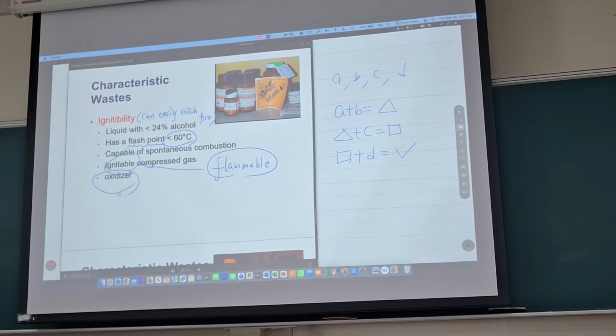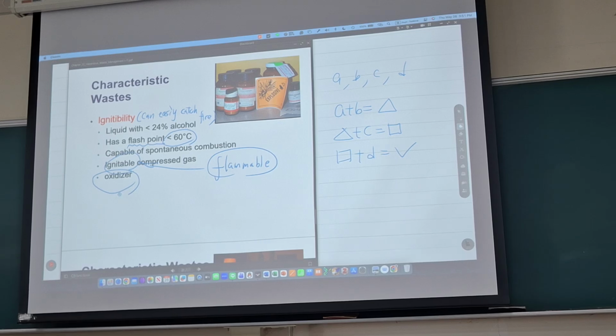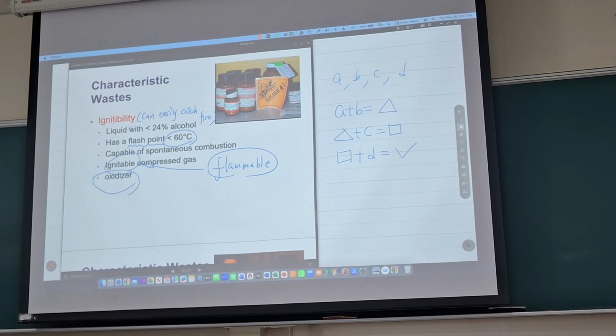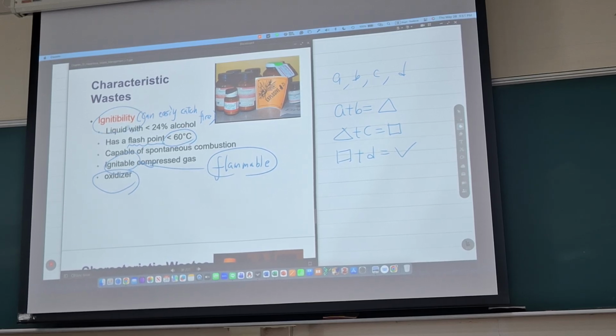They are oxidizers. Those chemicals can be burned easily.